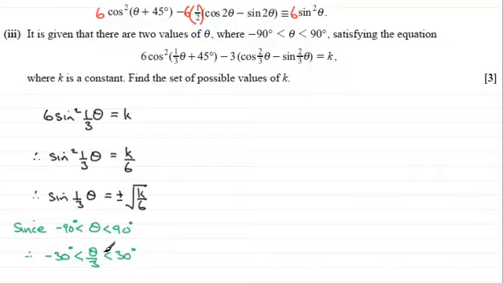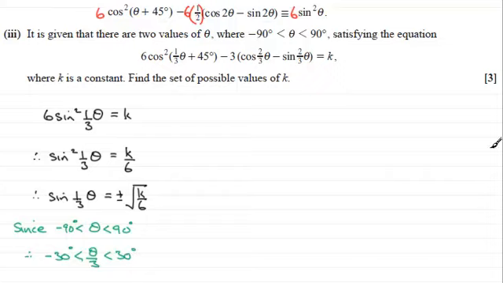So what that means is that to get the set of possible range of values of k, knowing that sine is an increasing function over this interval here, what we need to do is take the minimum value and the maximum values that this can be within this range, and that will be minus 30 degrees and 30 degrees.